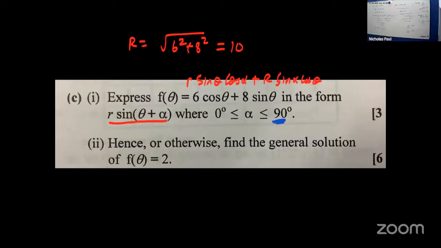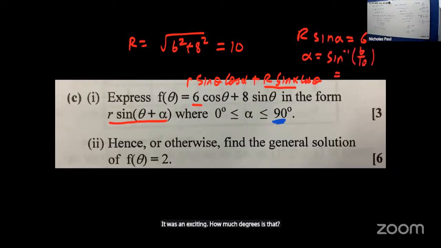So I got R sine alpha to be 6. Actually, it's twice. How much degrees is that? 6 on 10. Sine inverse 6 on 10 is 36.9, right?